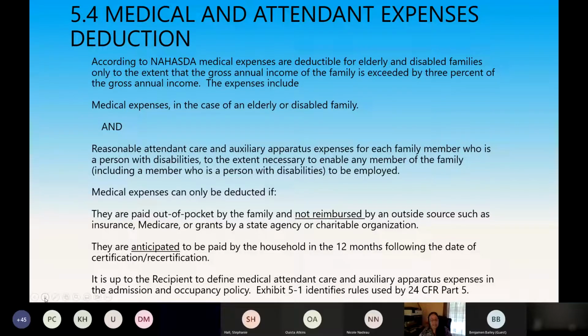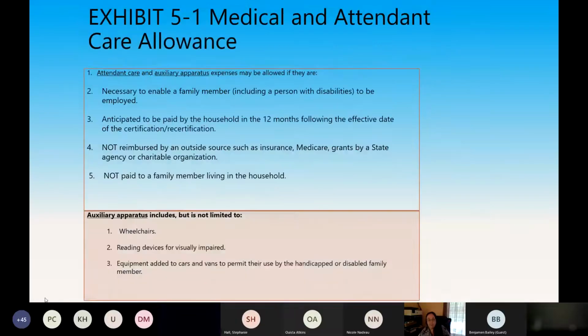They are anticipated to be paid by the household in the next 12 months following the date of certification or recertification, and it's up to you as a recipient to define medical, attendant care, and auxiliary apparatus expenses in your admission and occupancy policy. Exhibit 5.1 identifies the rules used under 24 CFR Part 5. So this is the exhibit.